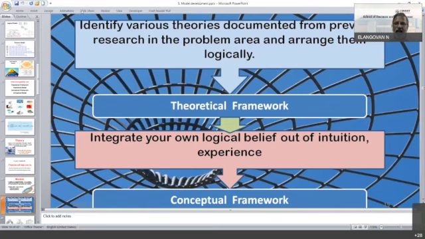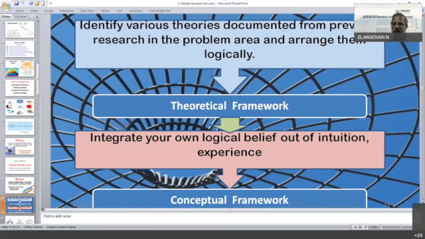So whatever existing theory is validated and you model or draw it, that becomes a theoretical model or a theoretical framework. At the same time, when you make changes to the theoretical model, some rearrangement, that is yet to be validated, that becomes a conceptual model or a conceptual framework.